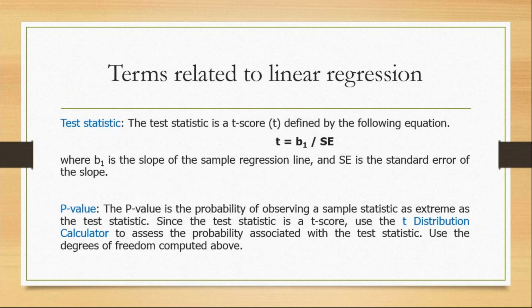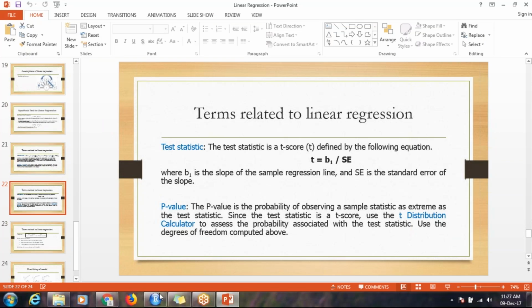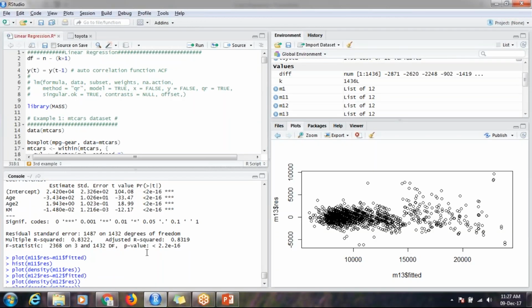And for the t statistic, or the t score or t value, I just divide the coefficient by the standard error. All of you must have done some linear regression yourself also, so let me do this and see what I'm getting.